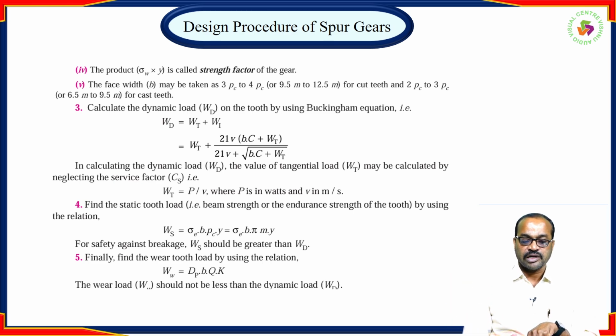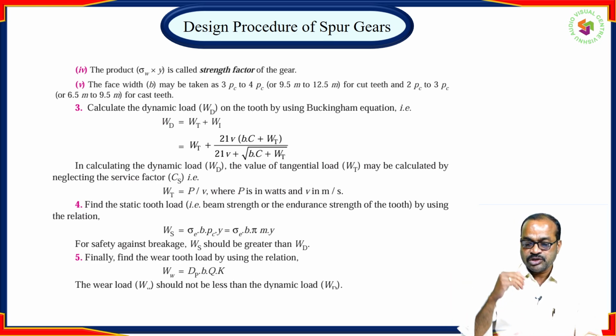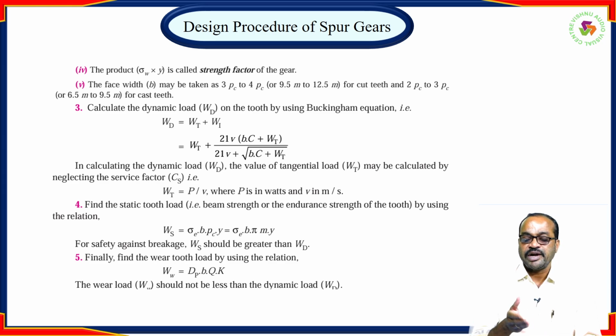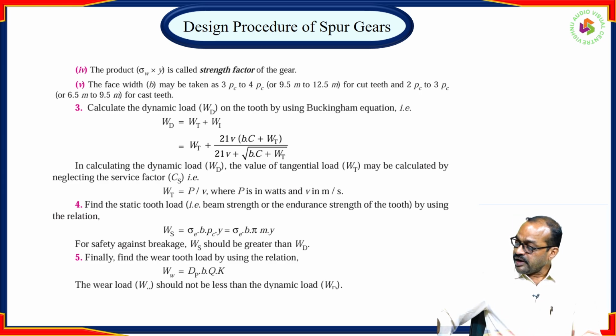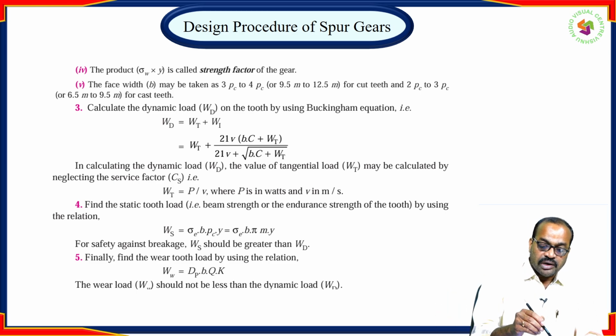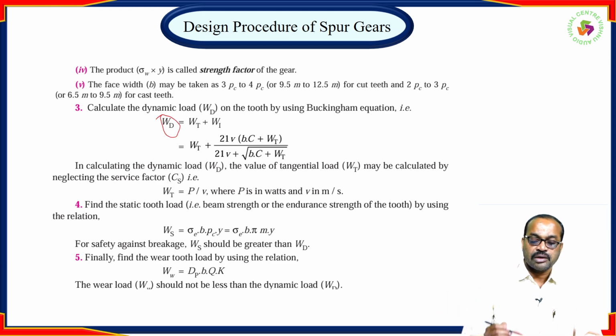Okay. The fifth step, once you calculated the module, you can use that value for finding face width B. Then we have to calculate dynamic load WD. WD formula is WT plus WI. The WI, we have another formula: 21V(BC plus WT) divided by 21V plus square root of (BC plus WT).